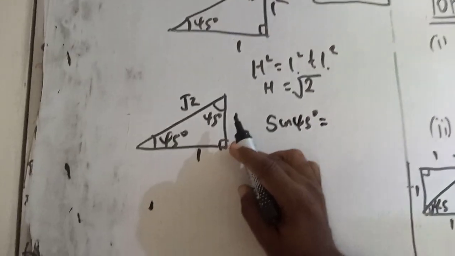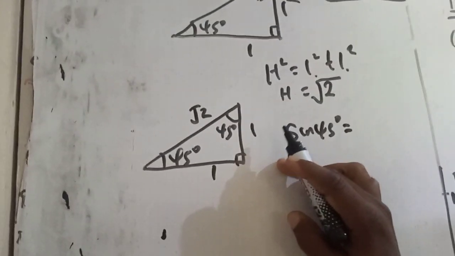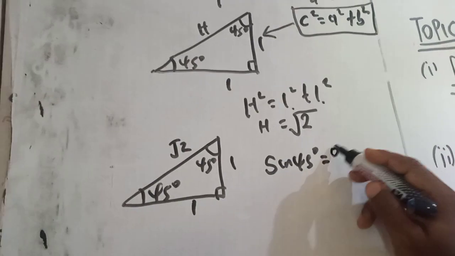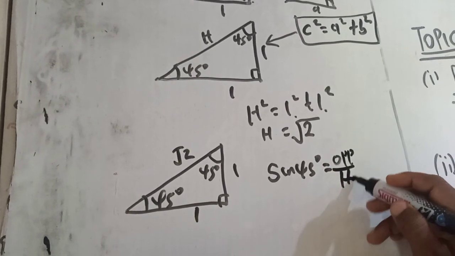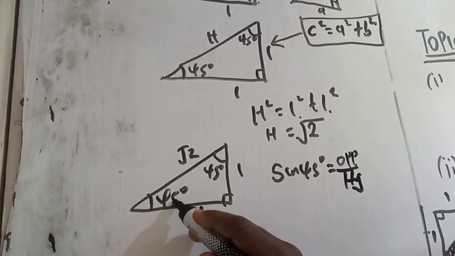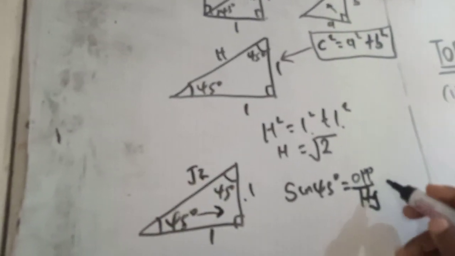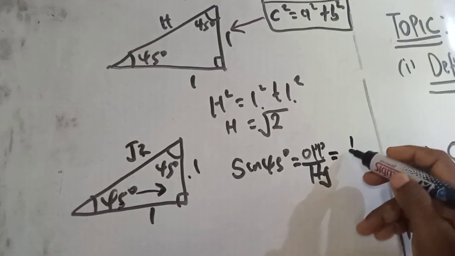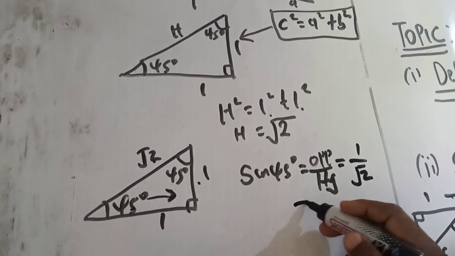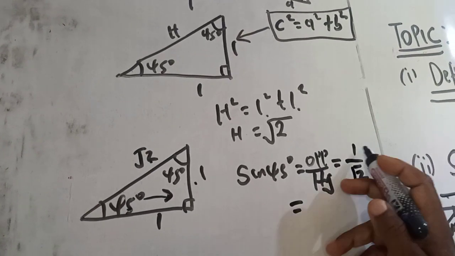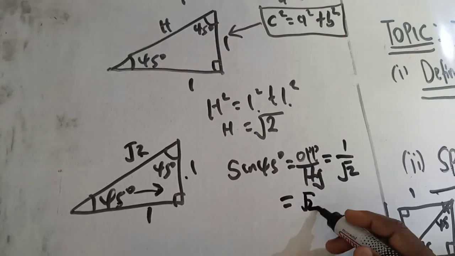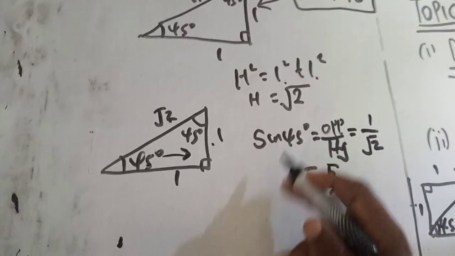According to SOH CAH TOA, sine theta is opposite over hypotenuse. If I pick this angle 45, the opposite of it is 1, and the hypotenuse is root 2. So sine is 1 divided by root 2. If I rationalize this, I use root 2 to multiply up and down, I'm going to have root 2 all over 2. That's sine 45.